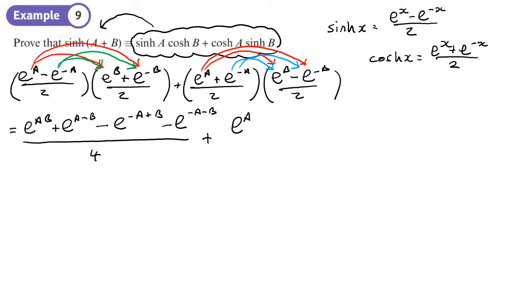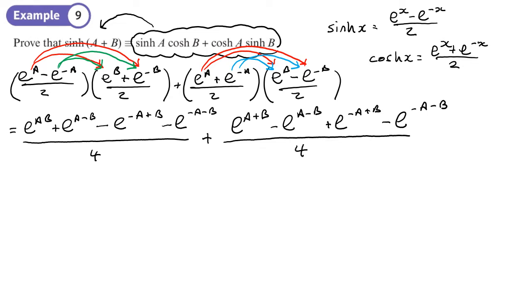So yeah, e^(a+b). Then the next one will be negative e^(a−b). Then I'll have plus e^(−a+b). And the last one will be negative e^(−a−b), all over 4. So that's basically everything over 4.